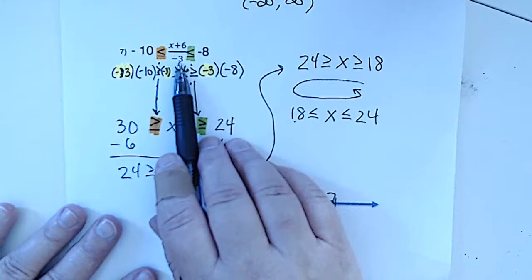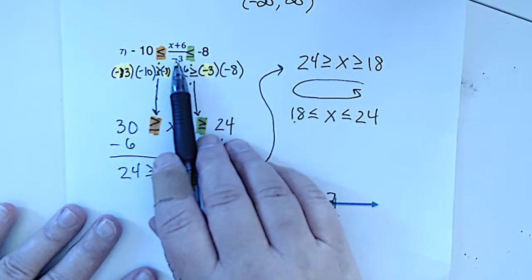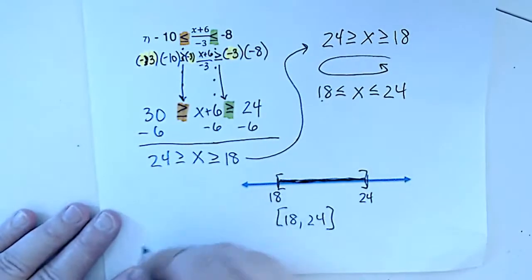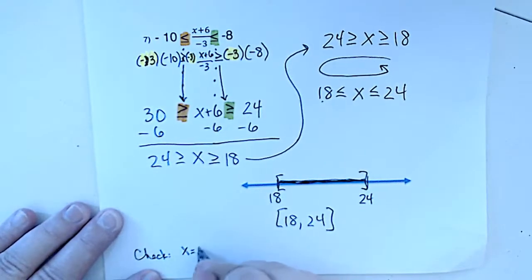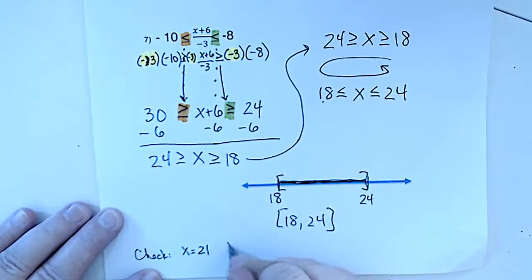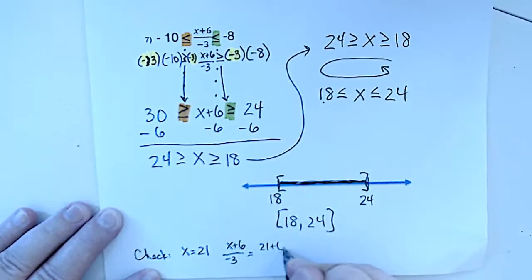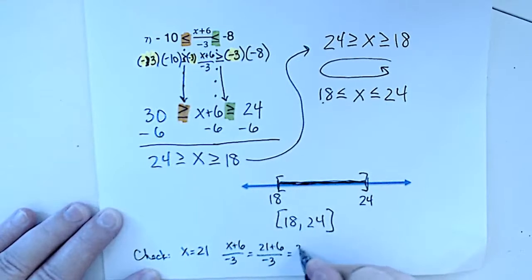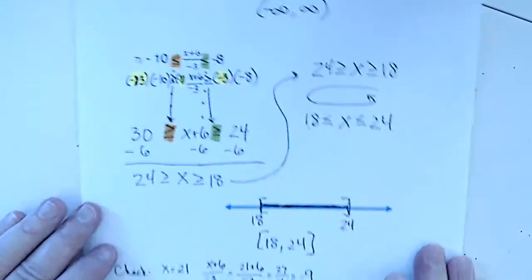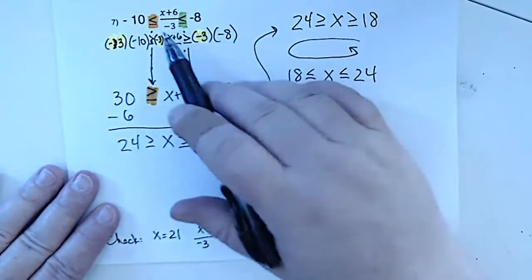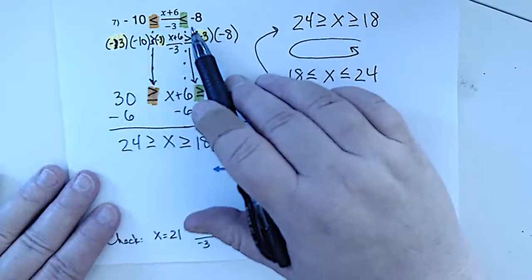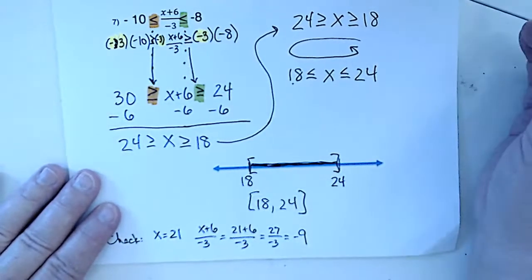Divide by -3. 27 over -3 is -9. Does -9 sit between -10 and -8? The answer is yes, it does.